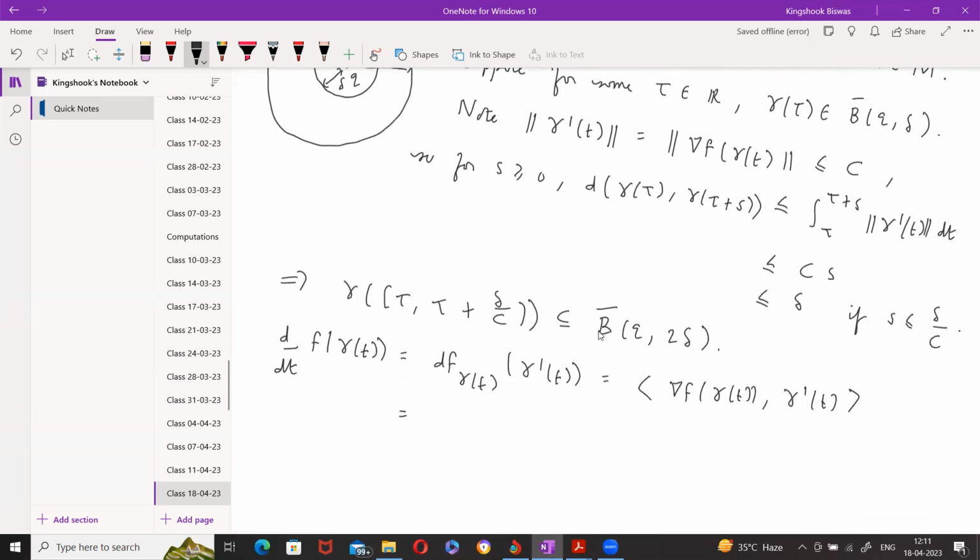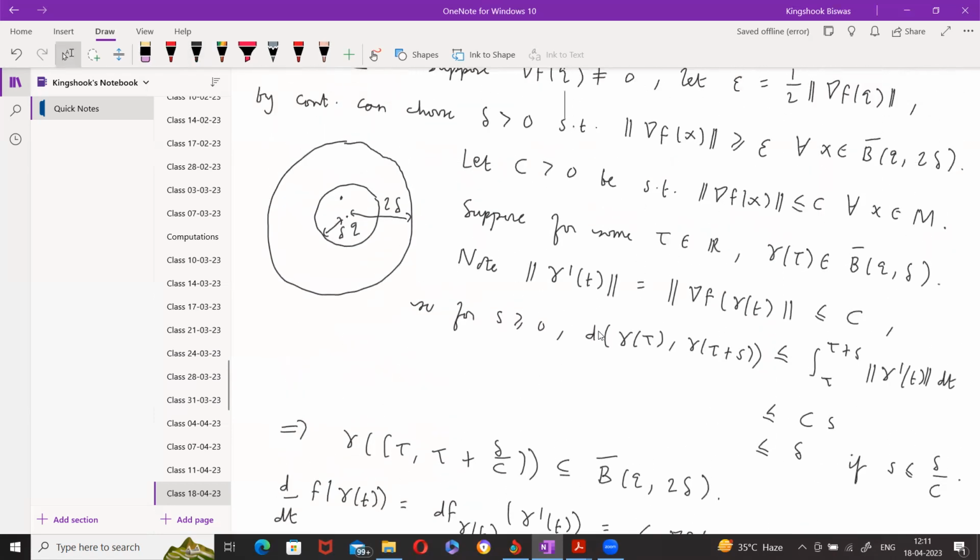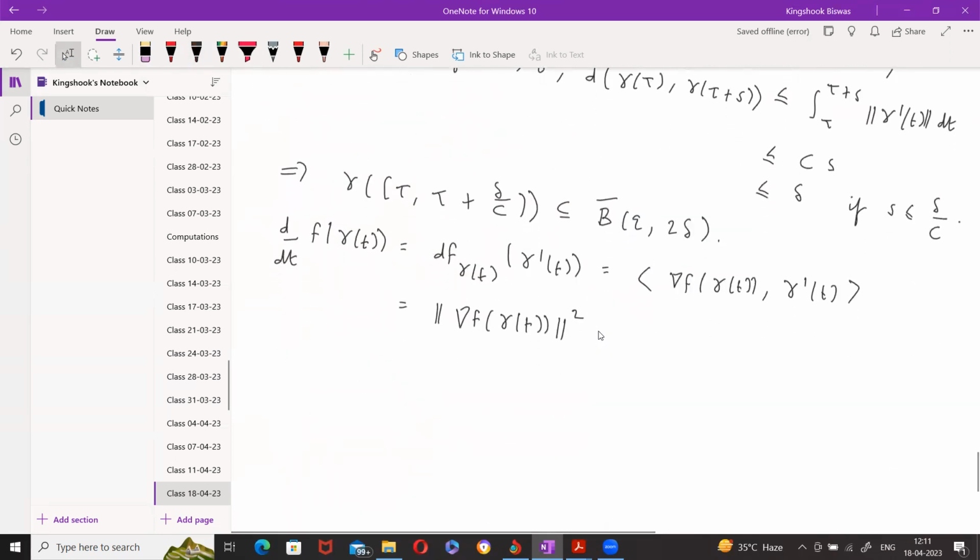Since gamma prime t is also grad f, this is just the norm of grad f at gamma t, squared. And the norm of grad f inside this ball of radius 2 delta is bigger than epsilon. So this derivative is bigger than epsilon squared for all t in the interval from tau to tau plus delta over c, right?